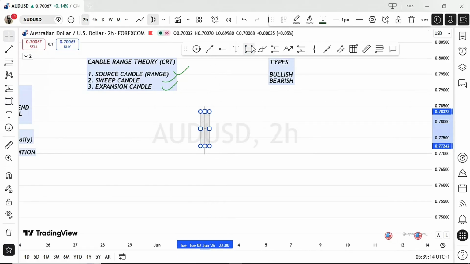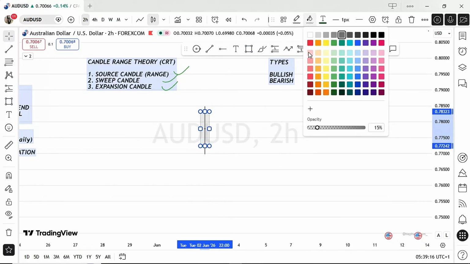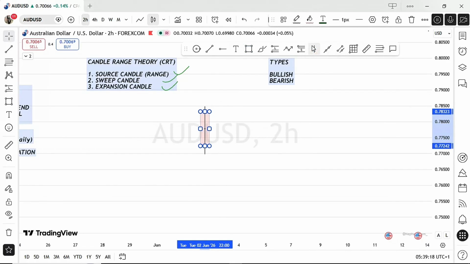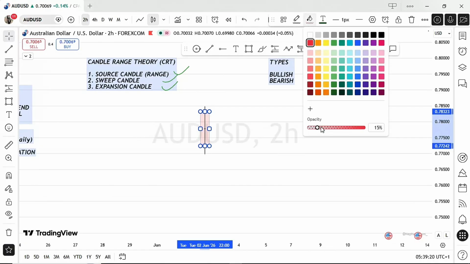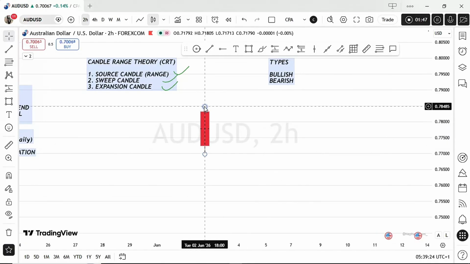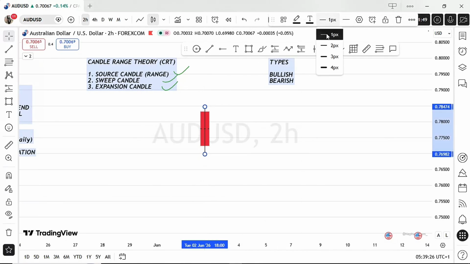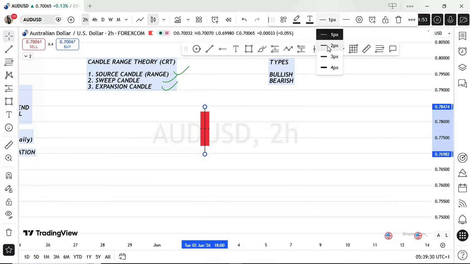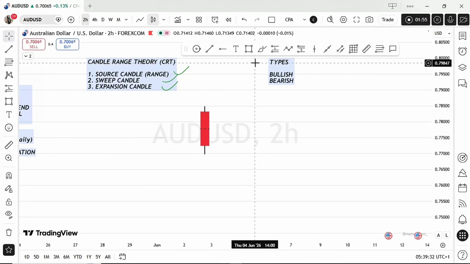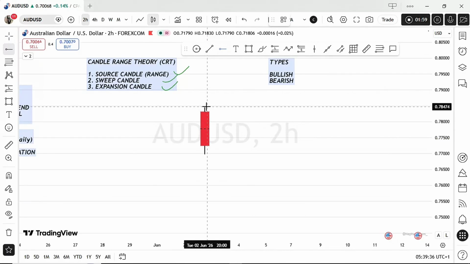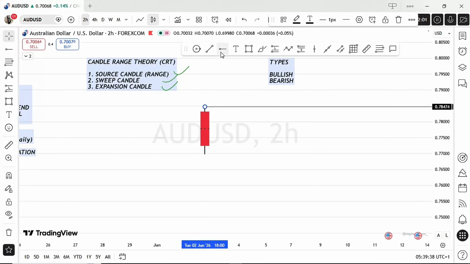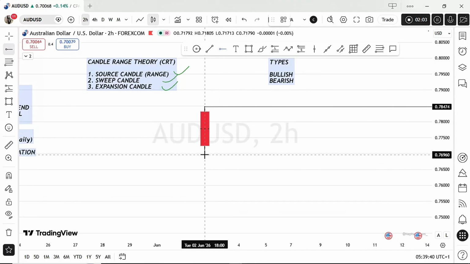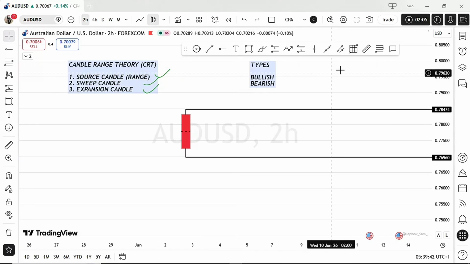So let's say it's a bearish candle. This is the source candle. For the source candle, we have the range high and the range low. This is the range high, and this is the range low for the candle.